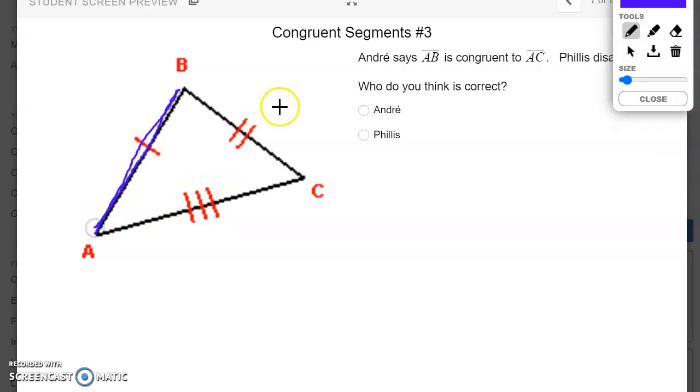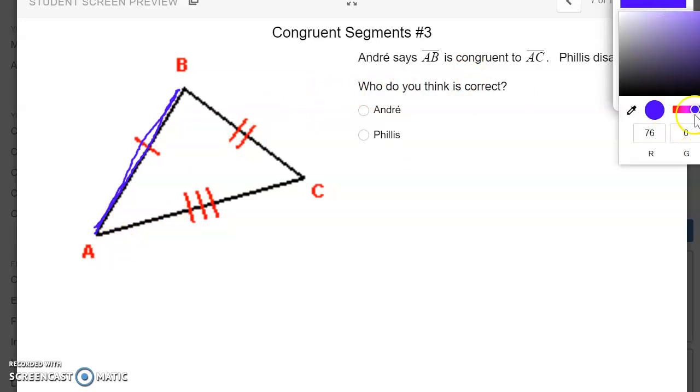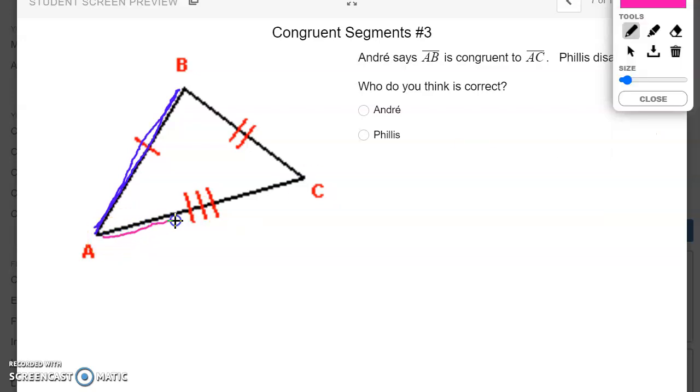And what about AC? AC is really talking about this section. The starting point is A to C, this portion. Are they congruent? Do they have the same measure? Well, we have 1 notch here and 3 notches here. That means they are not congruent. They have different measures.